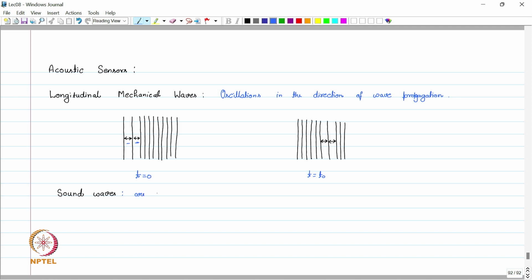These are created by alternate compression and expansion of solids, liquids, or even gases, at certain frequencies.